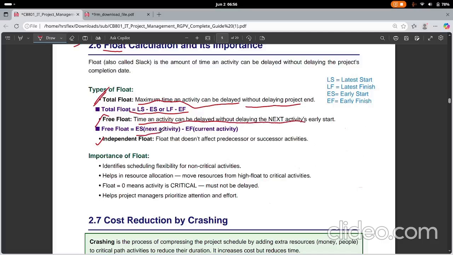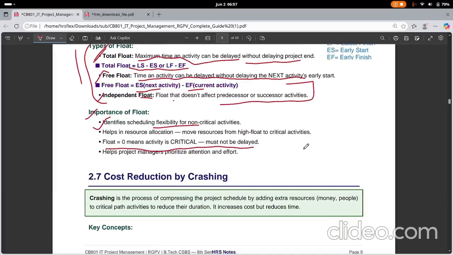That is ES of the next activity minus EF of the current activity. Independent float does not affect the predecessor or successor activities. So basically, we calculate float using this. Why is float important? It identifies the schedule flexibility of non-critical activities. Float zero means critical, that is, it cannot be delayed, and that is the critical path.